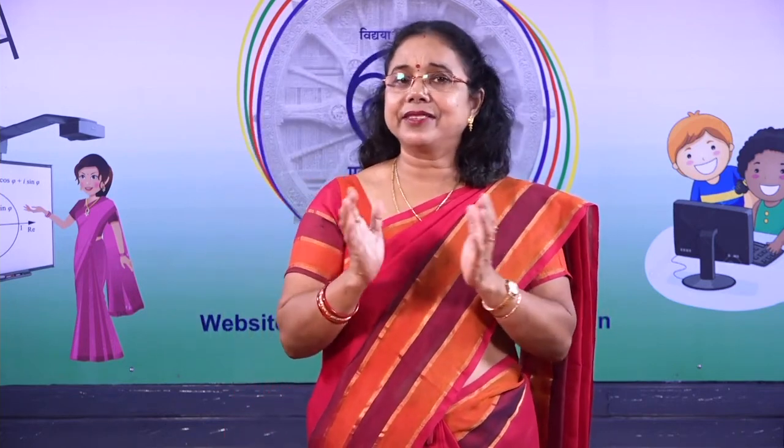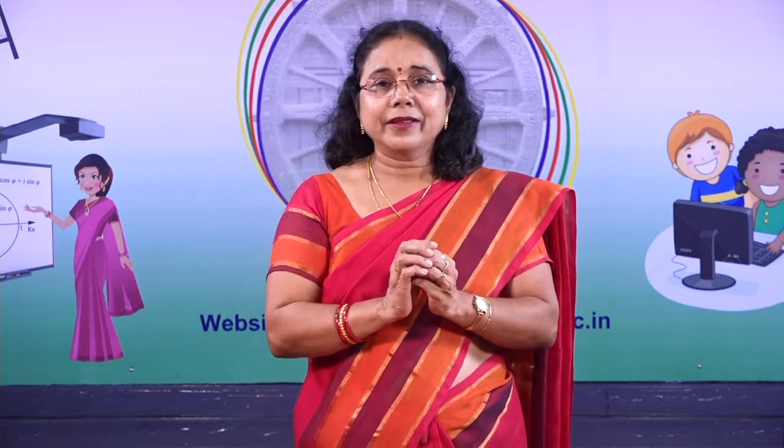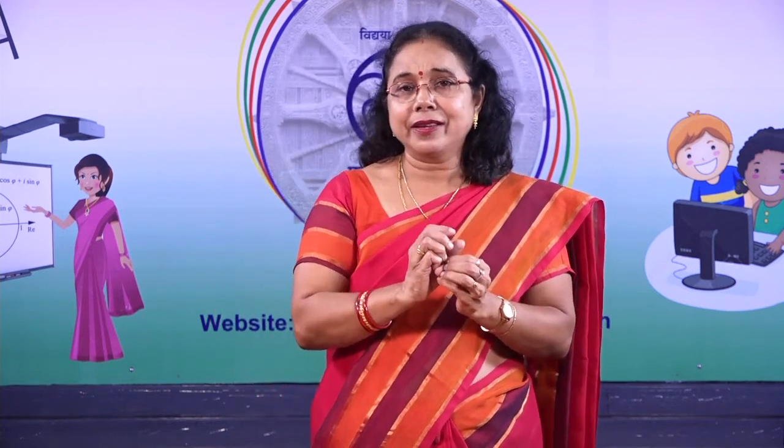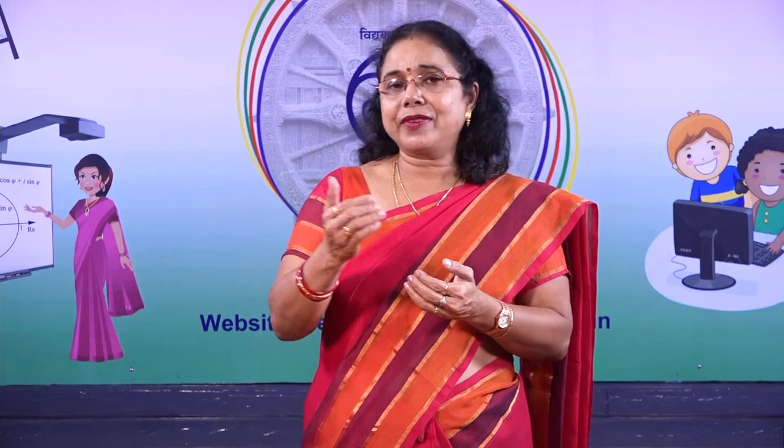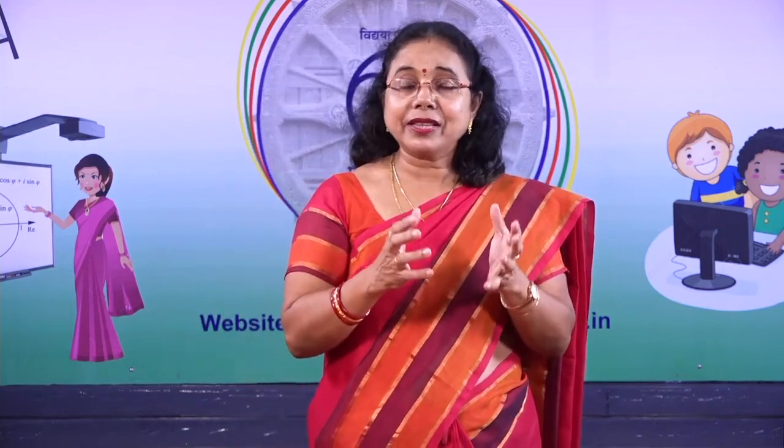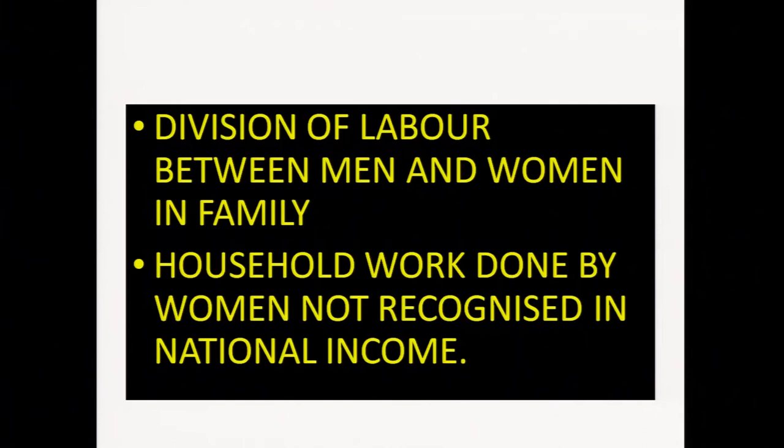a pattern of production in the economy regarding the division of labor. What is division of labor in the economy? Division of labor refers to the type of work, the nature of work done by the people in the economy. One type of division of labor that is observed in the economy is between the men and women in the family.